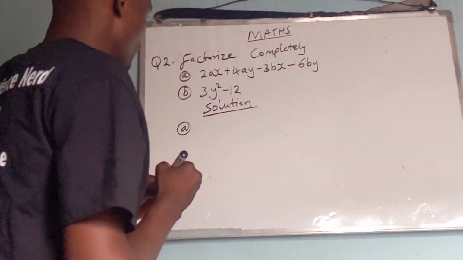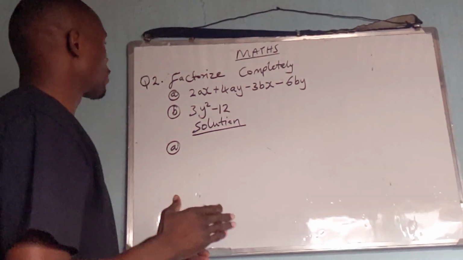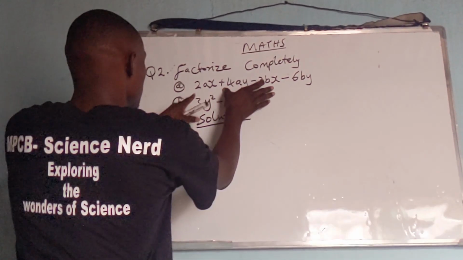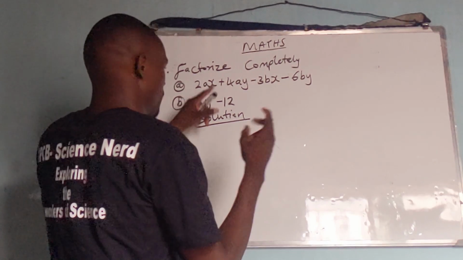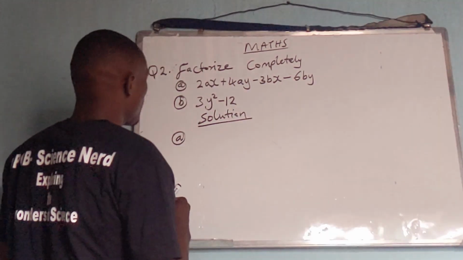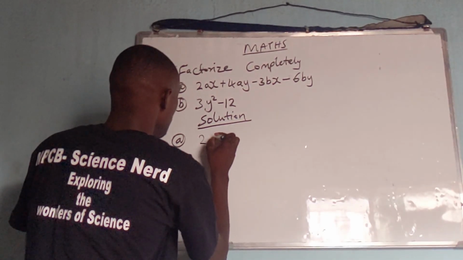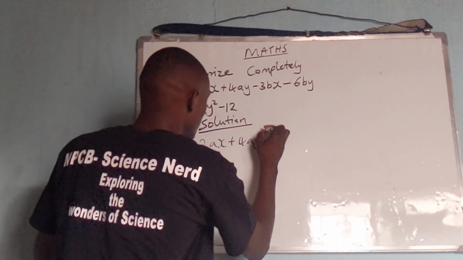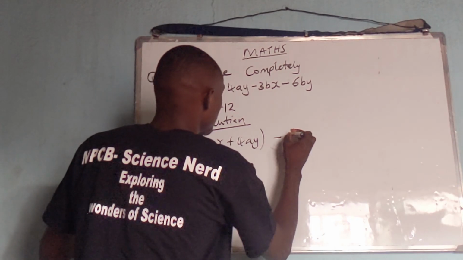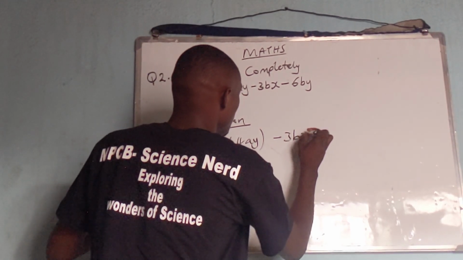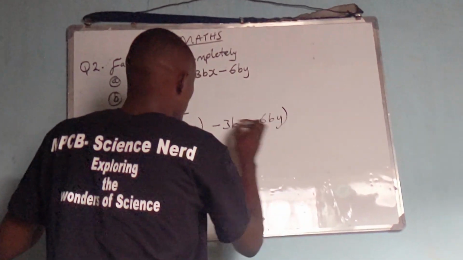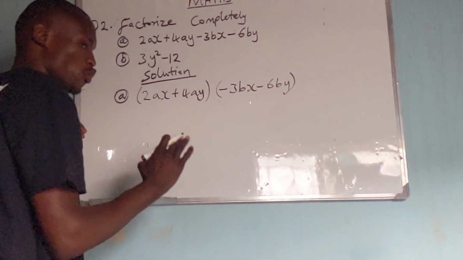The first thing that we have to do is group these into 2 groups. Therefore, we are going to have 2ax plus 4ay, minus 3bx minus 6by. We are just grouping these into 2 groups.